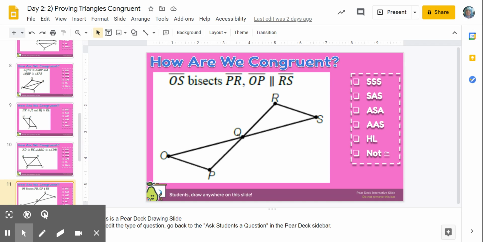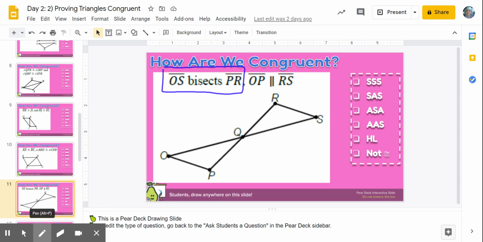Let's look at this one. OS bisects PR. So OS is the knife that cuts PR in half. That's how you mark that. So PQ is going to be congruent to QR.